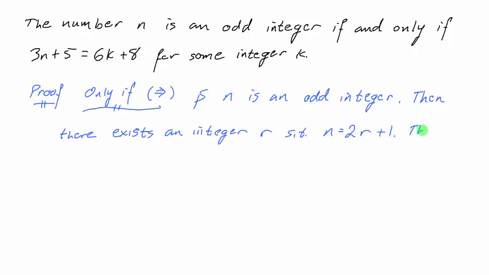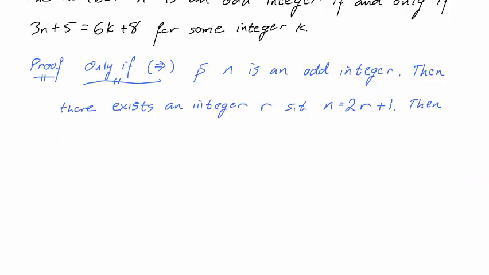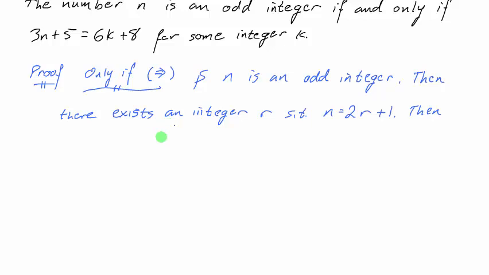Then we're going to take that and substitute it into our equation over here. And we'll start with the 3n plus 5. We're trying to end up with 6 times an integer plus 8. So 3n plus 5 is equal to 3 times (2r plus 1) plus 5.